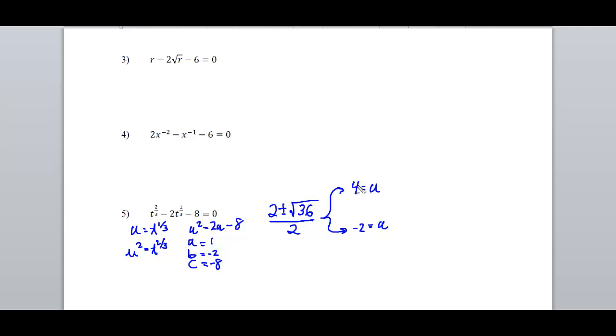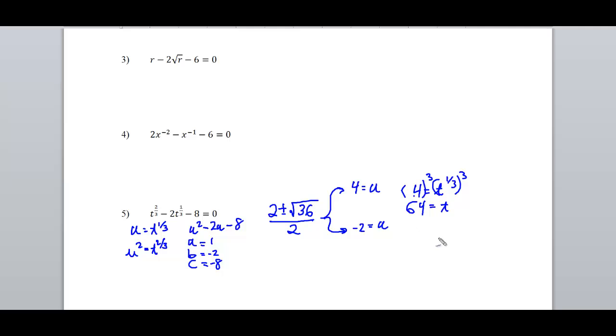So this 4 is equal to u is equal to t to the 1/3 power. Through the transitive property, we have 4 is equal to t to the 1/3 power. To get the t all by itself, we have to cube both sides, because that's the opposite of the 1/3. So we're going to have t is equal to 4 cubed, which is 64.